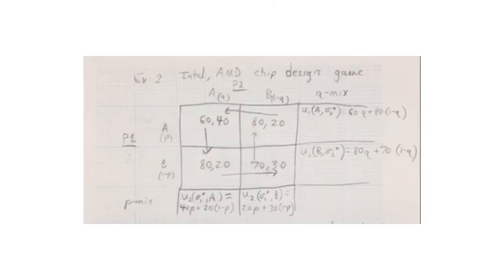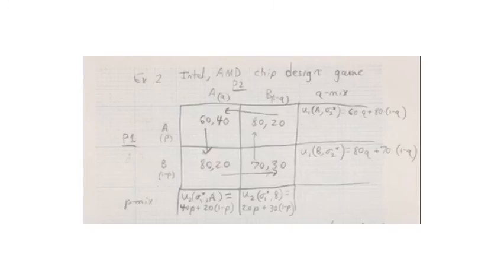For the Q-mix column, we have payoffs to player 1 given the mixed strategy choices of player 2, Q and 1 minus Q. Okay, so we have payoffs for pure strategies by player 1 given the mixed strategy choices of player 2.